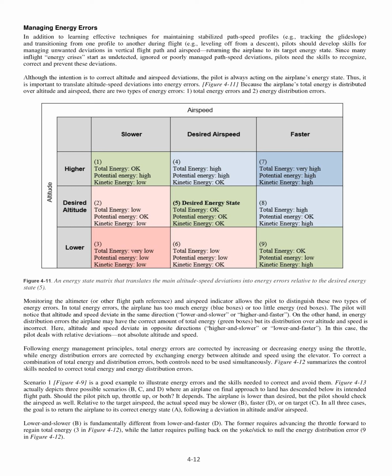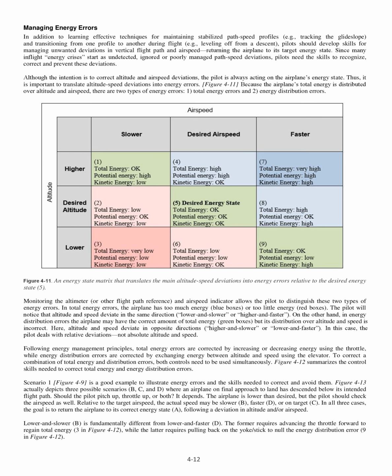The pilot will notice that altitude and speed deviate in the same direction: lower and slower, or higher and faster. On the other hand, in energy distribution errors, the airplane may have the correct amount of total energy, green boxes, but its distribution over altitude and speed is incorrect. Here, altitude and speed deviate in opposite directions: higher and slower, or lower and faster. In this case, the pilot deals with relative deviations, not absolute altitude and speed.